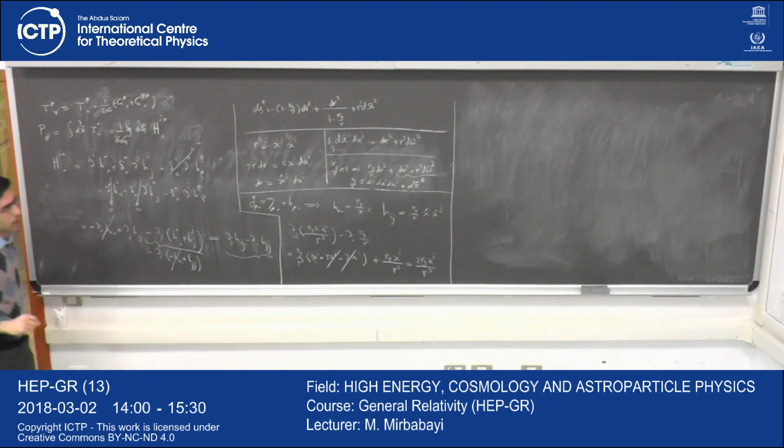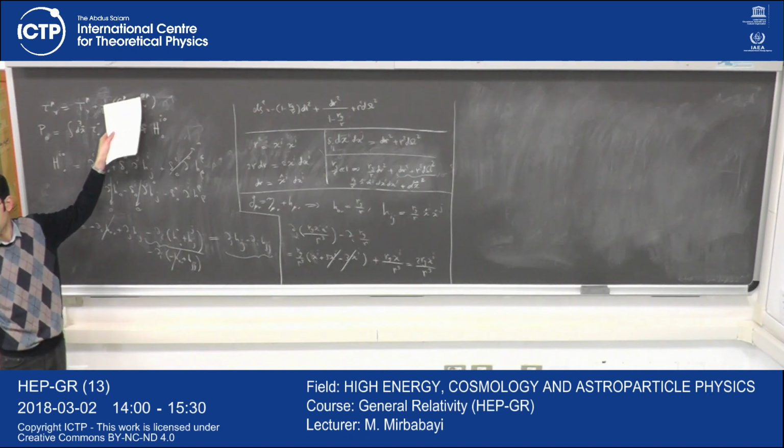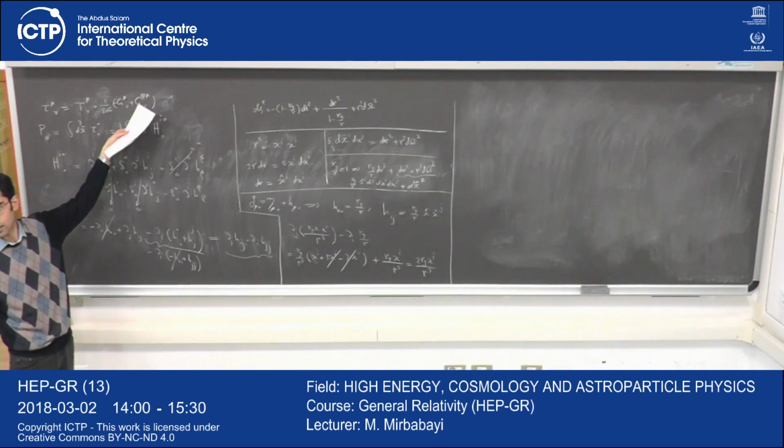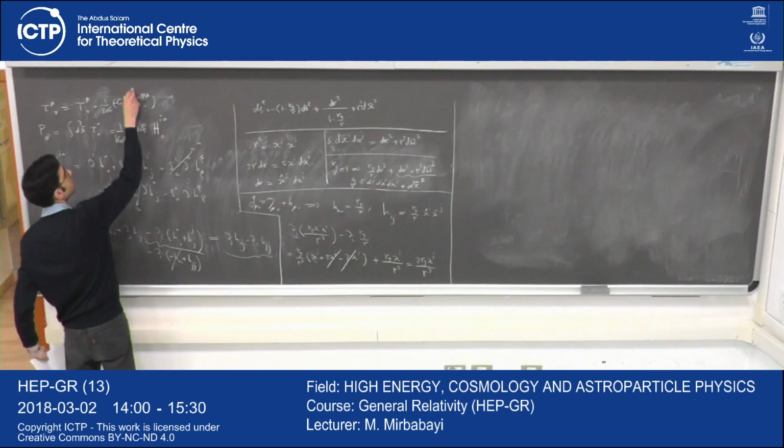Right? Now imagine this object is quadratic in the metric perturbation, because I'm already subtracting the linearized part. So this is quadratic in h.